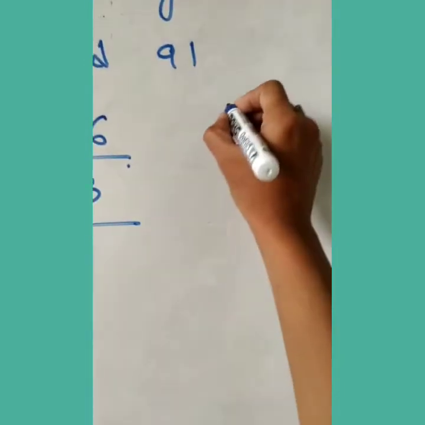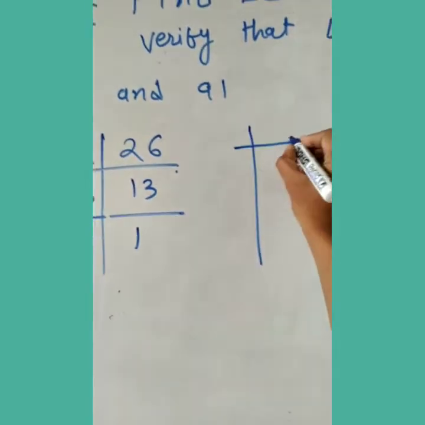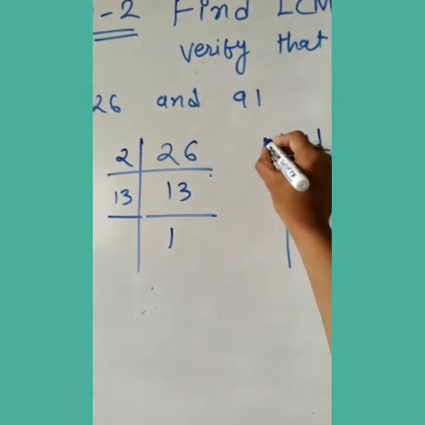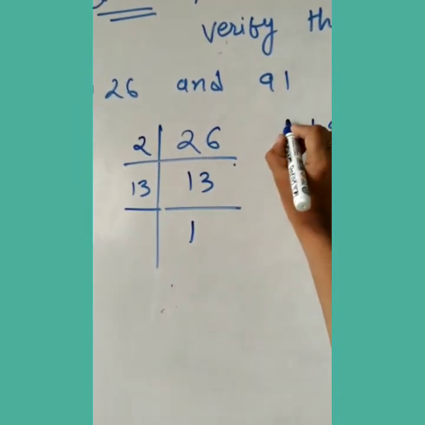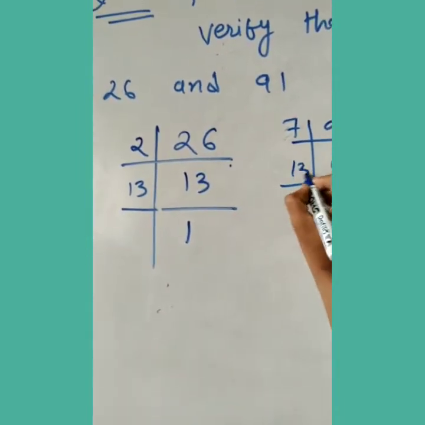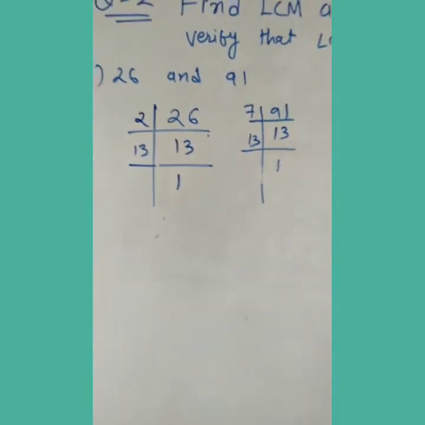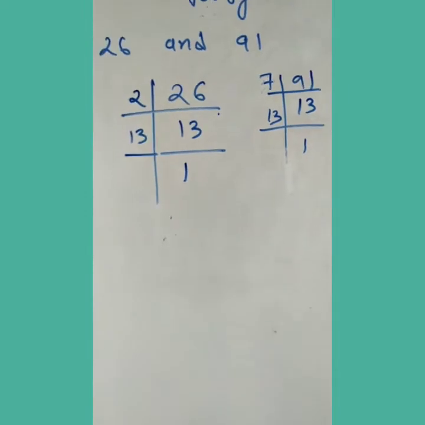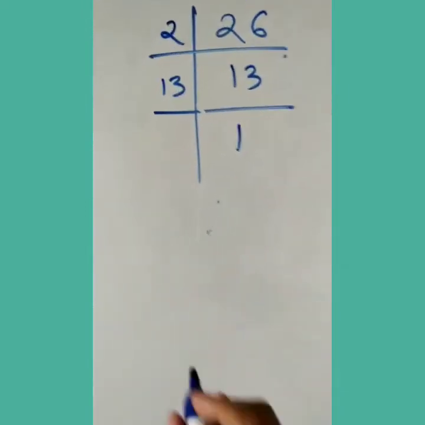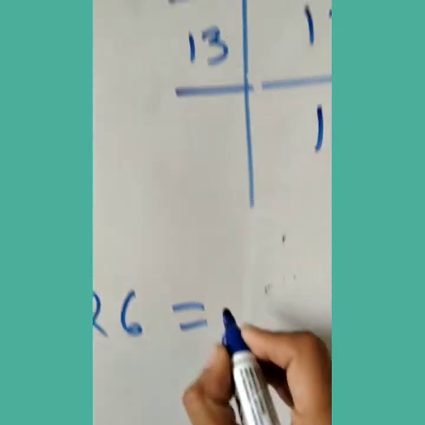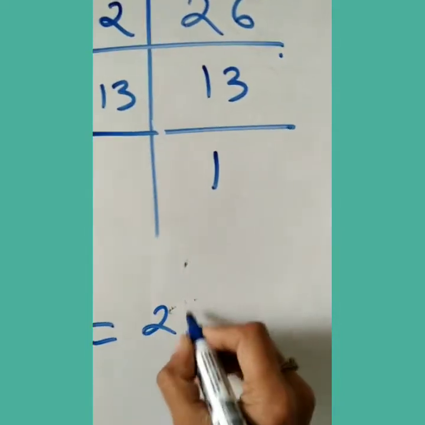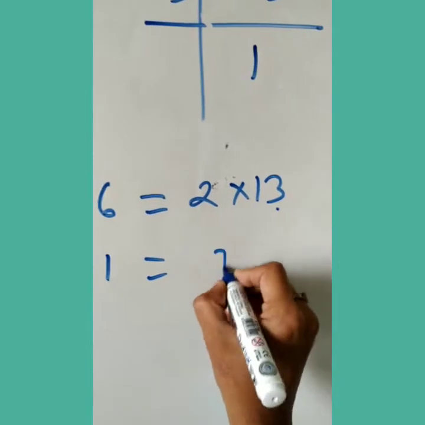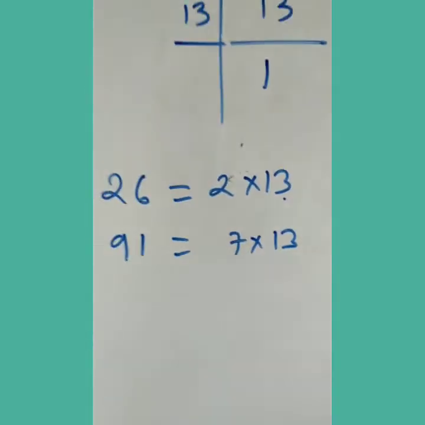As well, we will find the prime factors of 91. Here we can see 13 sevens are 91 and 13 ones are 13. So we prime factorized both the numbers. So here we will write that 26 is equal to 2 into 13, and 91 is equal to 7 into 13.